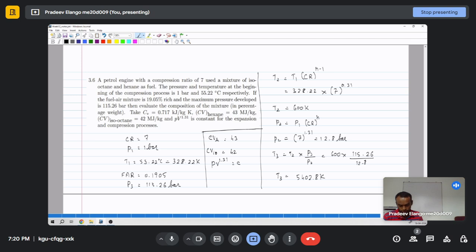And the fuel air ratio is given as 19.05%.